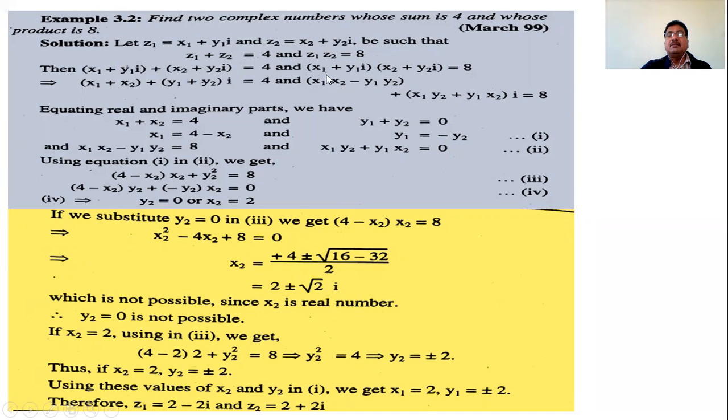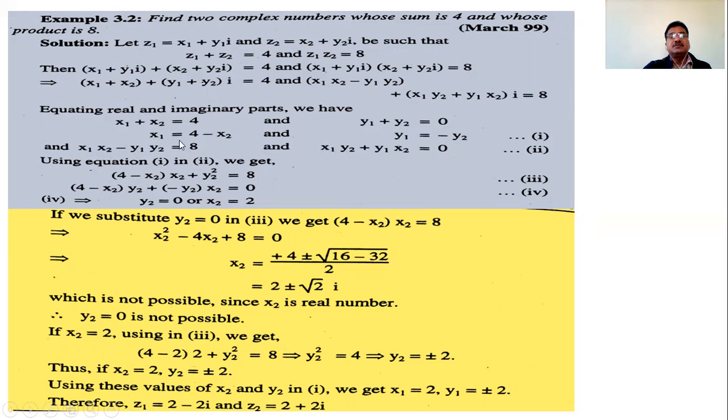Again, the real part of the product, x1 x2 minus y1 y2, is equal to 8, and the imaginary part, x1 y2 plus y1 x2, is equal to 0, because 8 is 8 plus 0i. Then solve these equations: the first is x1 plus x2 equal to 4, the second y1 plus y2 equal to 0, and this is the third and this is the fourth. Solve all these four equations and find the values of x1, x2, y1, y2.